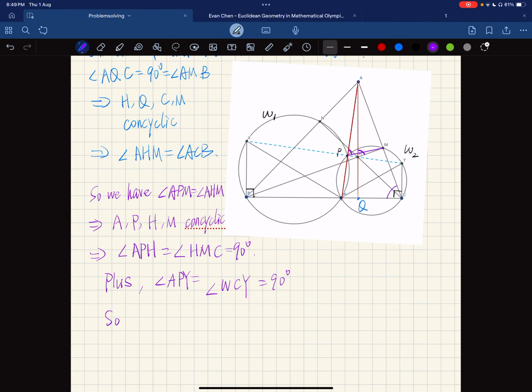So angle APH equals angle APY. What does that mean? That means P, H, Y are collinear.